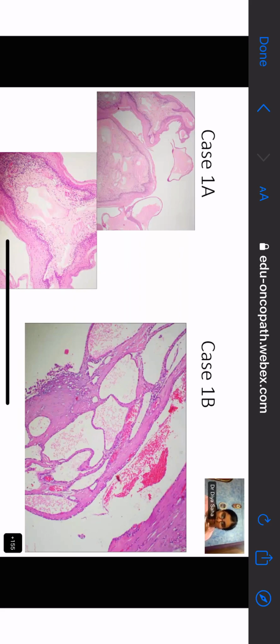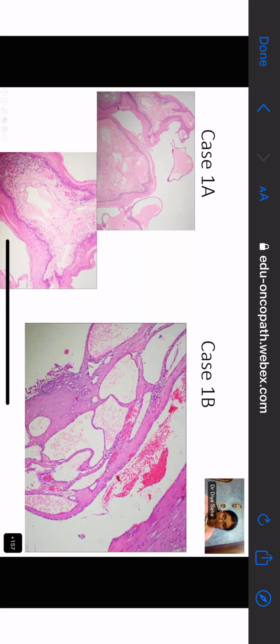What do you mean by surrounding fibrous tissue? Ma'am, these are divided into cystic spaces by the fibrous septa going through in between them. Right? So there are fibrous septa in between these cystic spaces. So surrounded by fibrous tissue doesn't mean much.